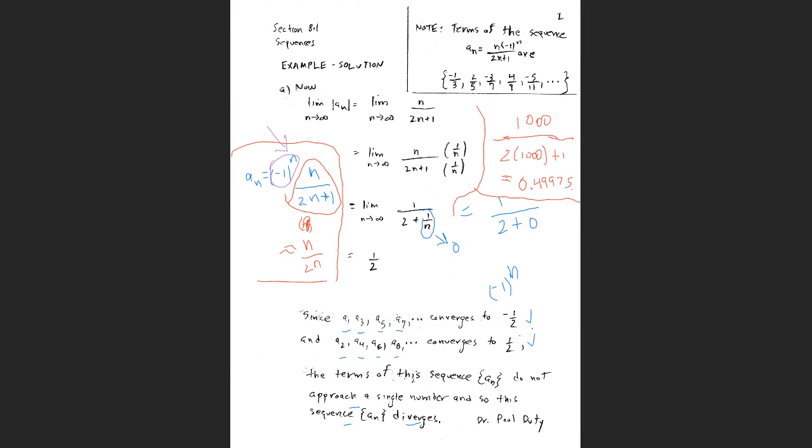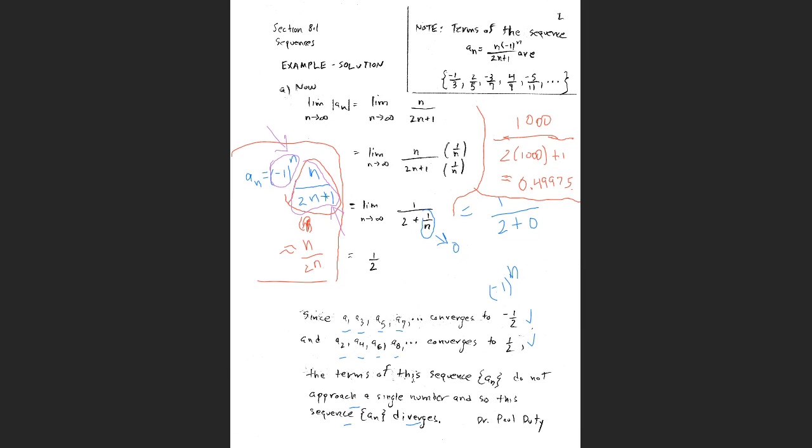Alternating sequence. The n over 2n plus 1 part approaches a half, because the 1 here doesn't affect that value when n is large.